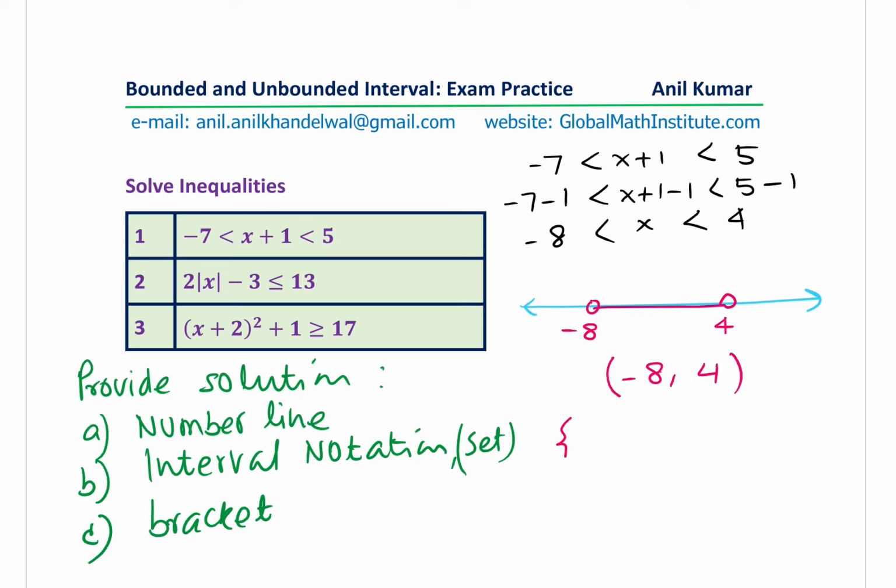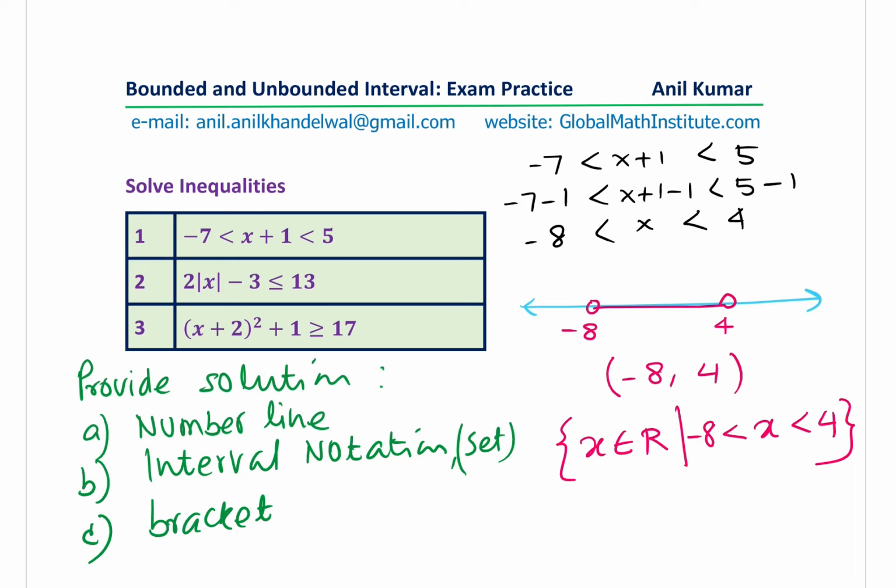Or you could write this in set form, that x belongs to real numbers where x is greater than minus 8 but less than 4. Is that clear to you? So these are different notations in which you can provide the solution for inequalities. And many times, even for domain and range, that is how you have to write down the answer.